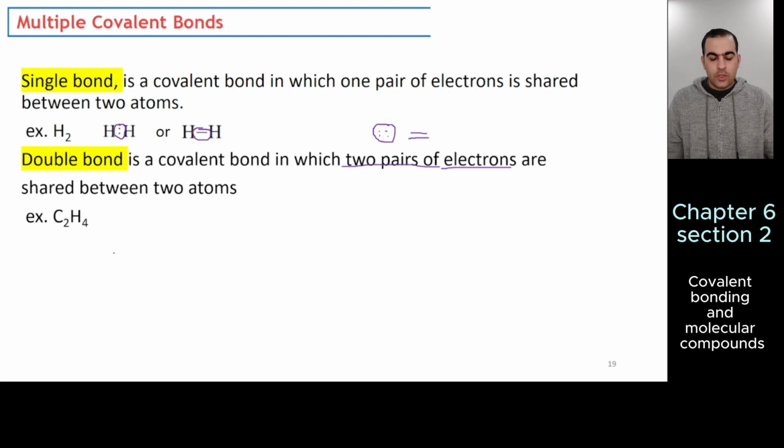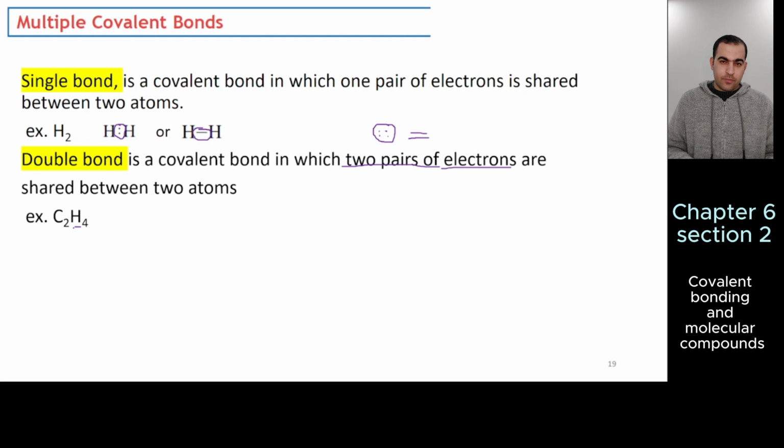If I tell you in the exam, write the Lewis structure for C2H4, I might ask how many double bonds are in this molecule, or what bond is between the carbons in this molecule: single, double, or triple? So C2H4.